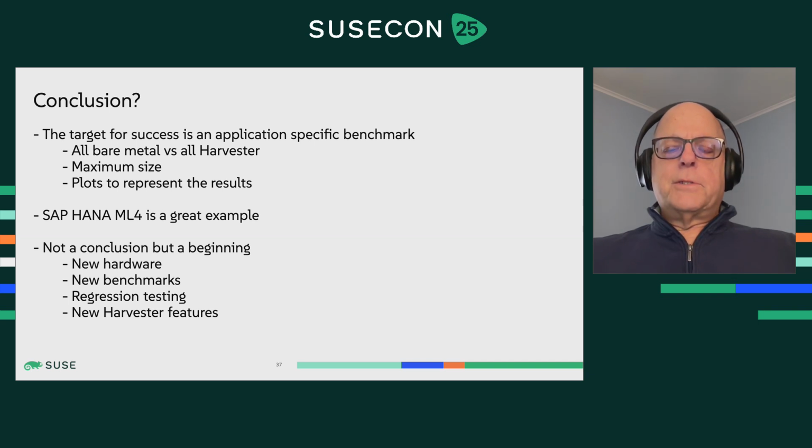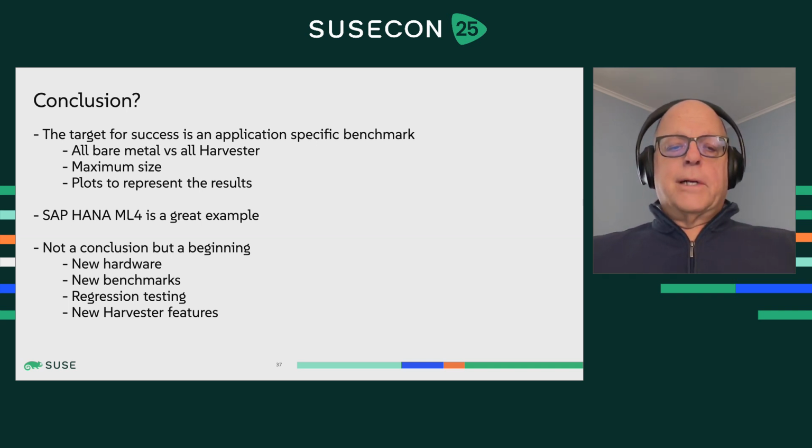With Harvester, we push the buttons and it creates a solution. So what's the maximum size? What do we need to do? And hopefully we're up to the maximum size by then. And then the final result is to plot the results. Again, what we showed is the performance difference, positive or negative, and what can we tune.